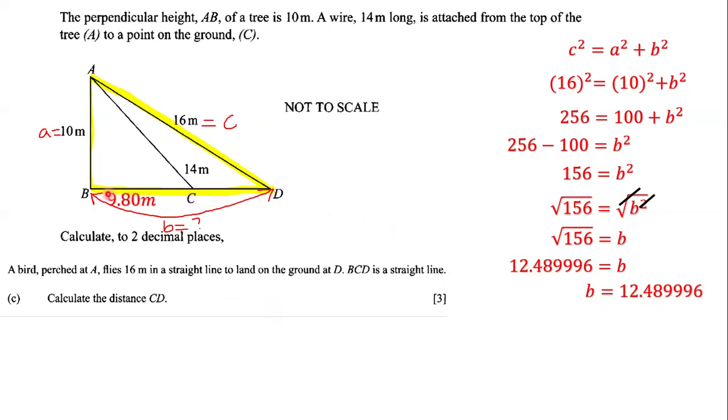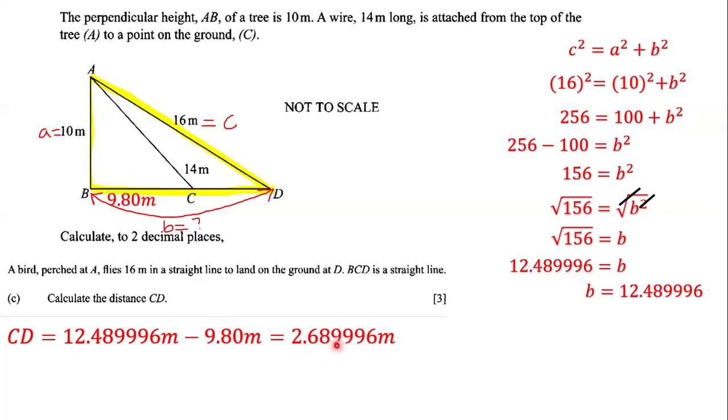All we did was find BD. In order for us to find CD, we have to take 12.489996 meters and subtract 9.80 meters. When we subtract, we get 2.689996 meters. But we have to write this correct to two decimal places.